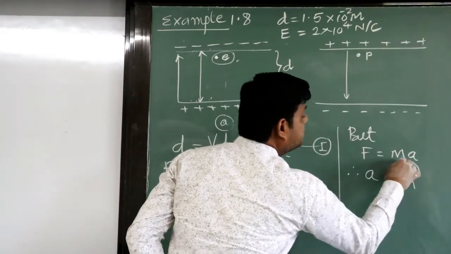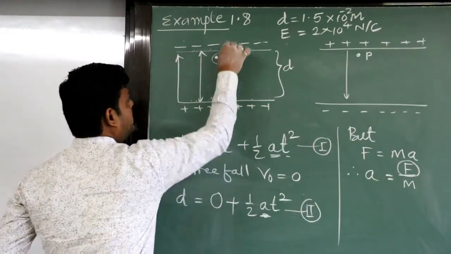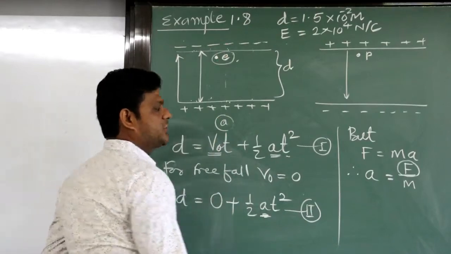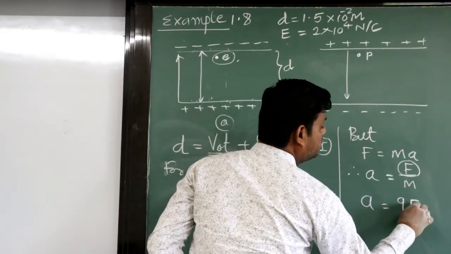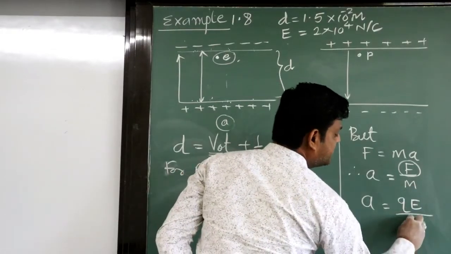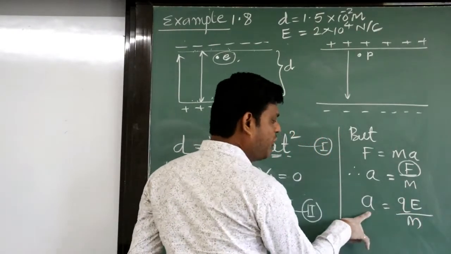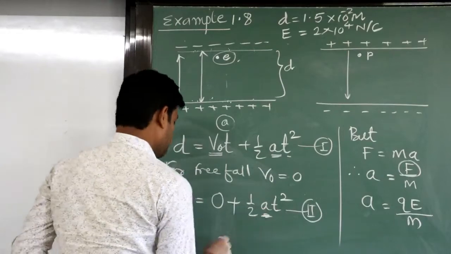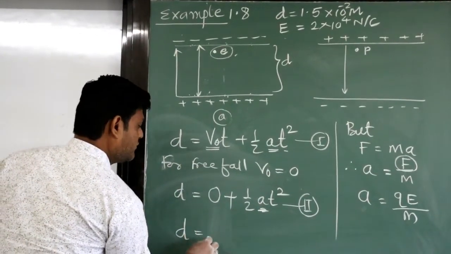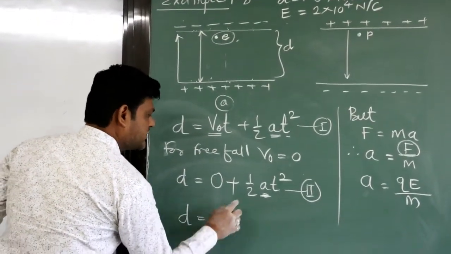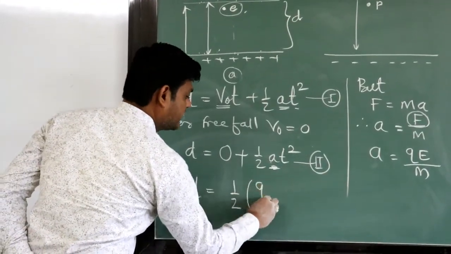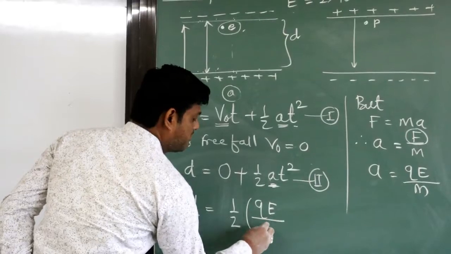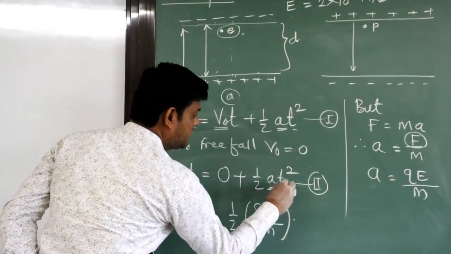But here the force is the electric force, so we will write F equal to Q into E, so a equal to Q E divided by the mass m. So put the value of acceleration over here. So this distance d equal to 0 plus half, instead of a we write q into E by m, into t square.